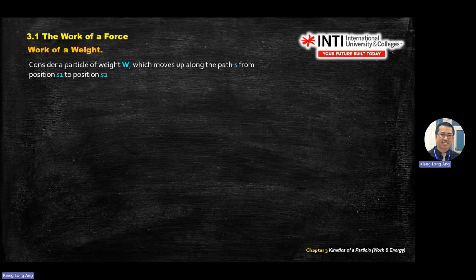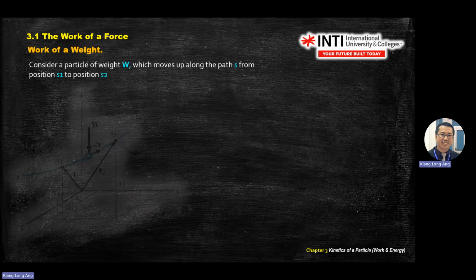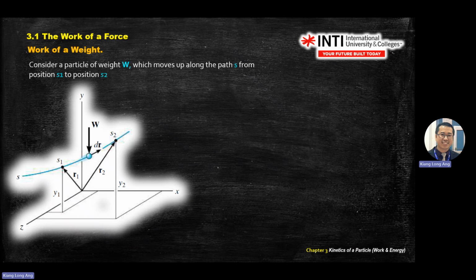Okay. Now, this is a derivation for that object. Again, just now, when the object drops like that, there is work. If the object moves like this, it does not do work. It's still pulling down, 90 degrees, so no work.